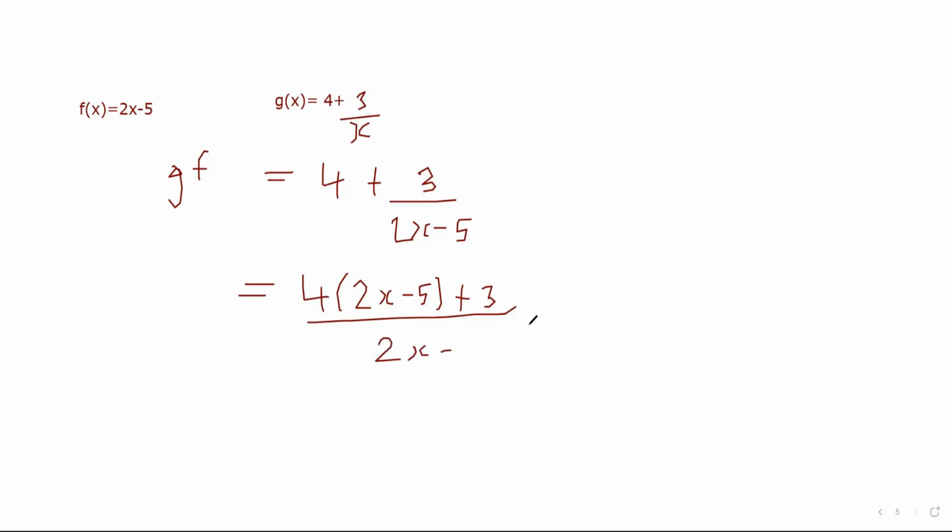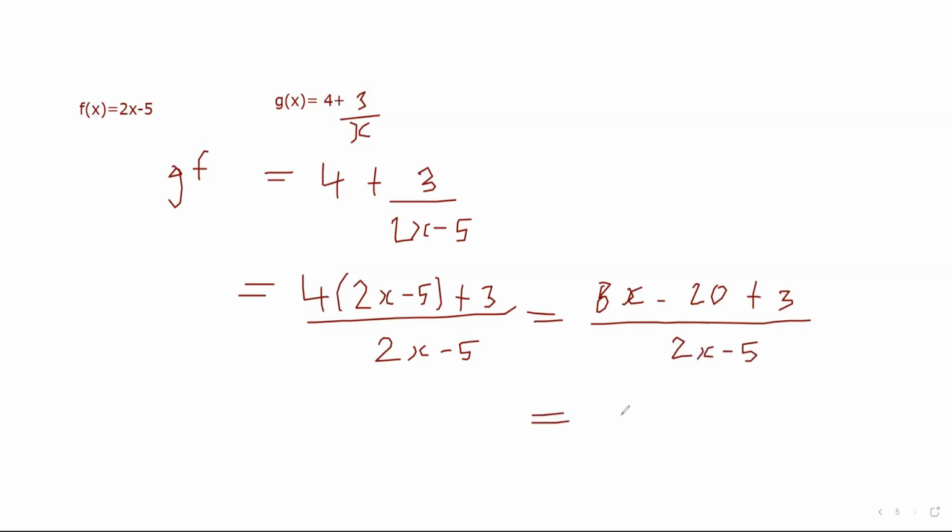So what we're going to end up getting now is 4 times 2 is 8x, and then 4 times minus 5 is minus 20. Then we have plus 3. So that is giving us 8x minus 17 over 2x minus 5. All right, so you can write that down.